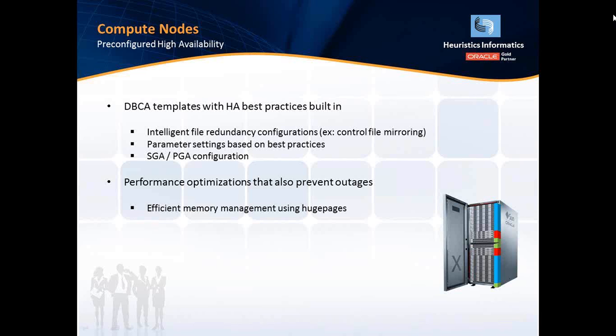In addition, there are features available within the Oracle database software itself that allow us to take advantage of the Exadata database machine, and configure redundancies and performance to make best use of the hardware available to us.